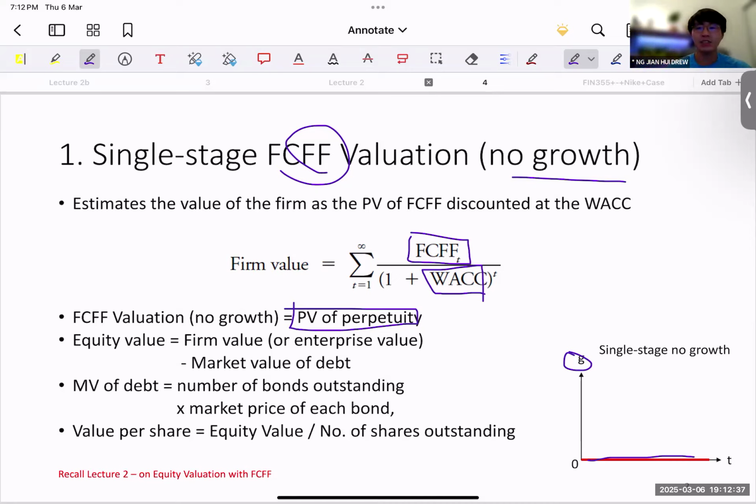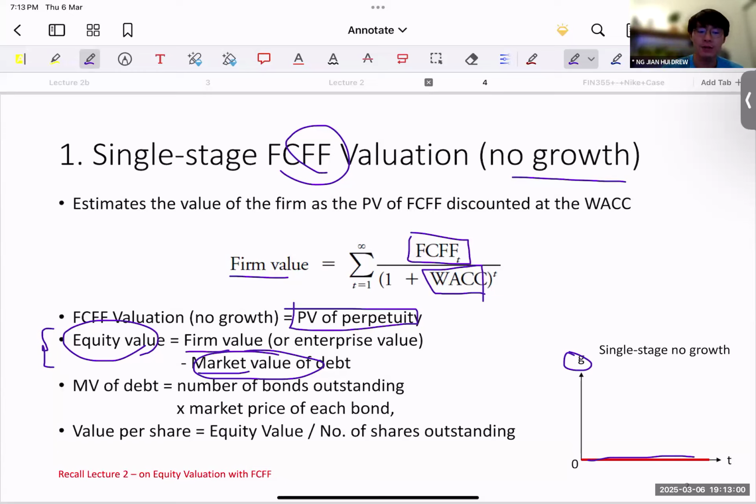I think in lecture 2, I also highlighted this important point that when we calculate firm value, the firm value equals the equity value plus the market value of the debt. So if you want to calculate the equity value, we take the firm value minus the market value of debt.